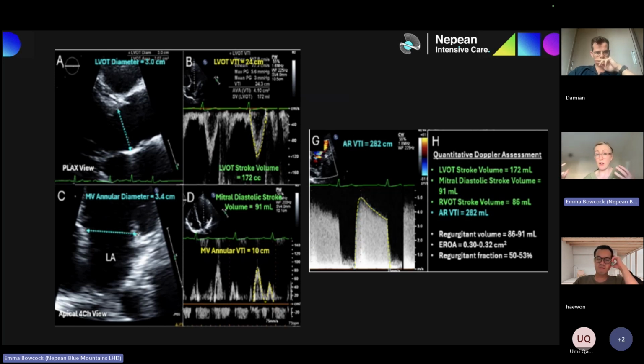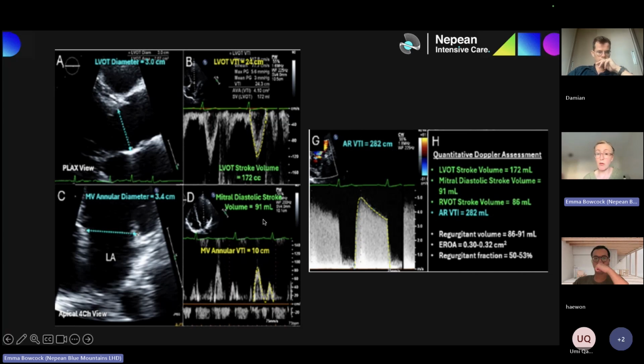So for what's coming in through your mitral annulus, it's the same equation: sample at the tip of the mitral leaflets in mid-diastole, measure out the mitral annular VTI, times it by pi r squared of your mitral annular diameter. Your mitral valves are open, you're measuring the diameter, and you plug that into the same equation we use all the time to work out LVOT stroke volume.